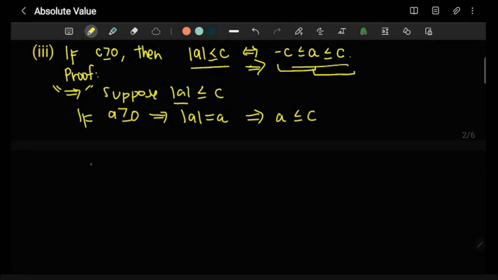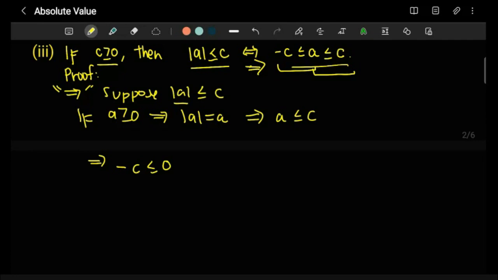But we know that, of course, negative C definitely is less than or equal to 0, right? Because that's a negative number. That's a negative number because C is positive. That's why we know that negative C is negative. All right. So it's less than or equal to 0.